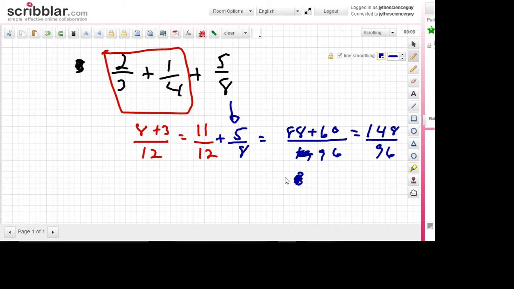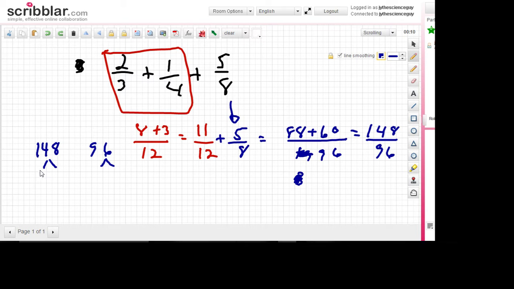Now, do you remember how to reduce? No. Okay. So I'm going to try to find a number, and I'm going to show it to you this way. I'm going to try to find a number that both 96 and 148 have in common. 2.